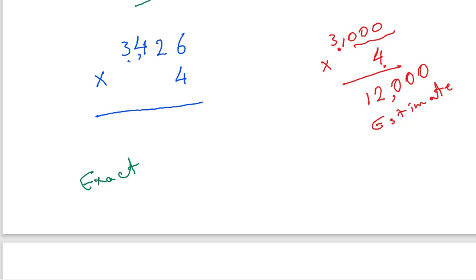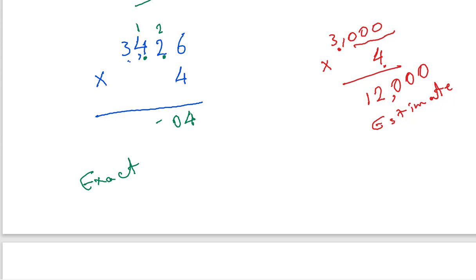6 multiplied by 4 is 24. So 4 and carry up 2. And after that, 2 multiplied by 4 is 8. Plus 2 is 10. So 0 and carry up 1. Now 4 multiplied by 4 is 16. 16 plus 1 is 17.